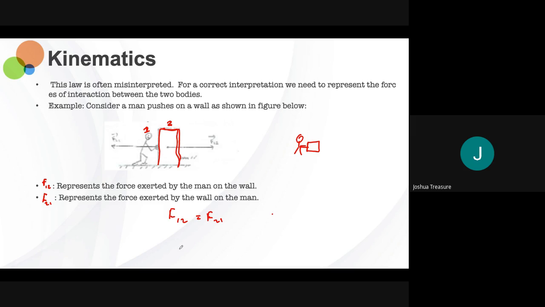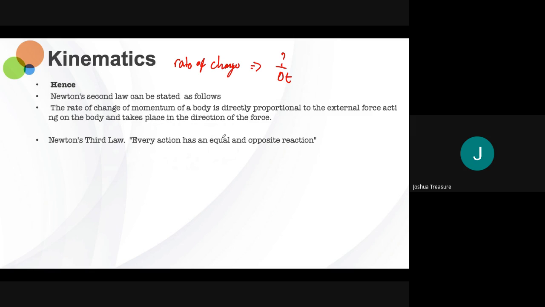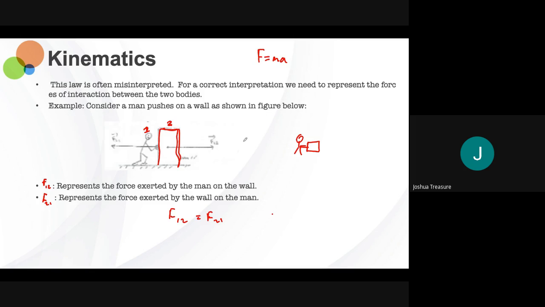Am I correct or am I incorrect? Okay, that makes sense. Ish. If they were not equal, remember F equals ma, then the resultant force would result in an acceleration. But because they are equal, he is putting up an equal and opposite reaction.